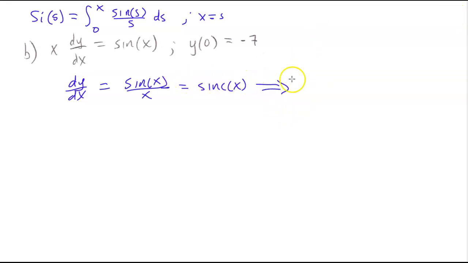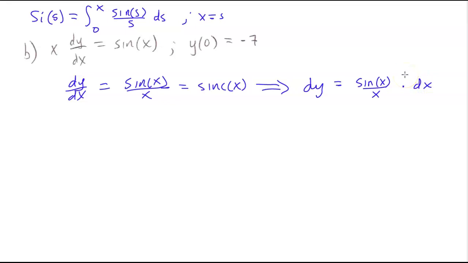So we're going to rewrite this as dy is equal to, and I'm going to keep it in the sine x over x form here. We'll keep it in this form like that.